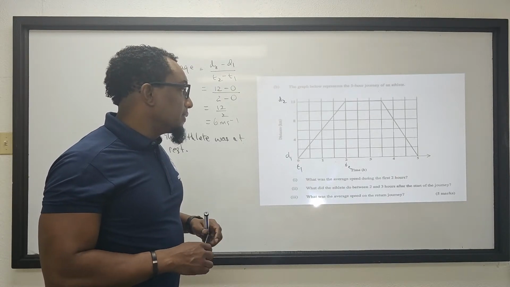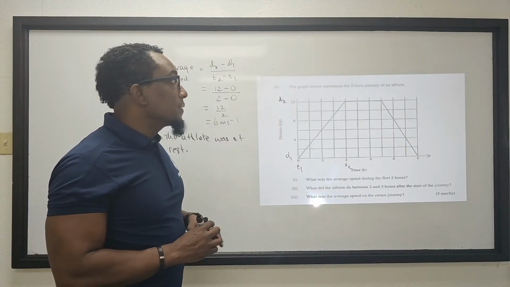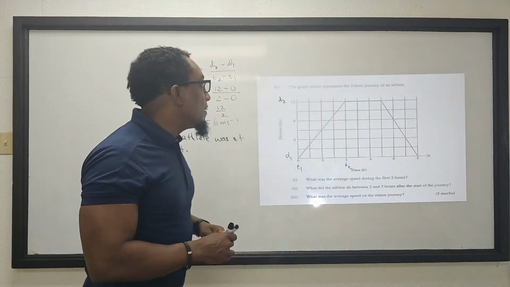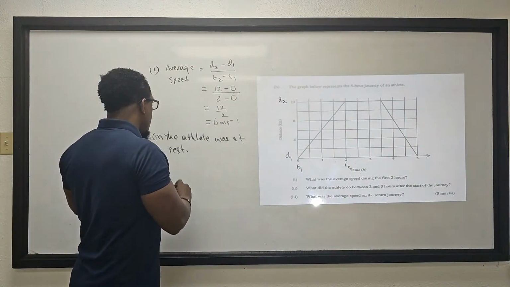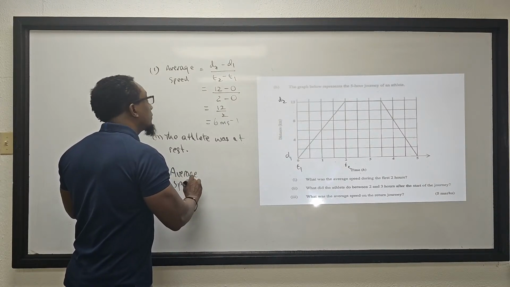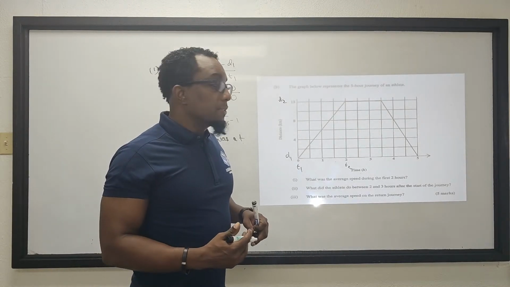And what was the average speed on the return journey? So this is the return journey here. And what is the average speed on the return journey? So the average speed, of course, will be your total distance over total time.